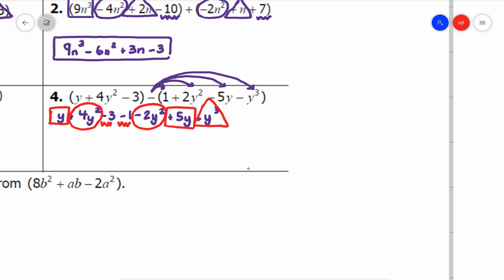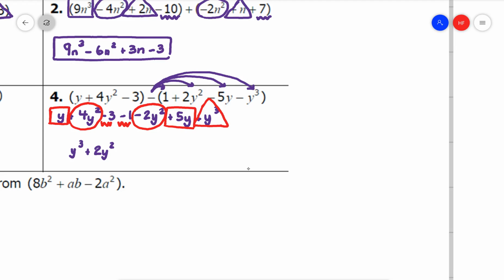So I'm going to combine my like terms, and I'm going to make sure that I'm in standard form. So my highest exponent is an exponent of 3, and it is the only one in the problem. So it's going to be first. The next one would be an exponent of 2. 4y squared minus 2y squared is positive 2y squared.